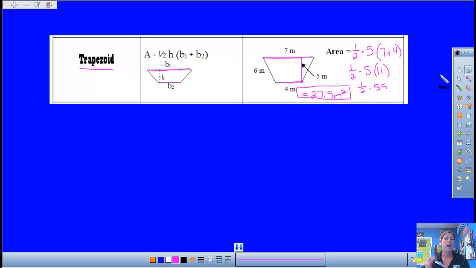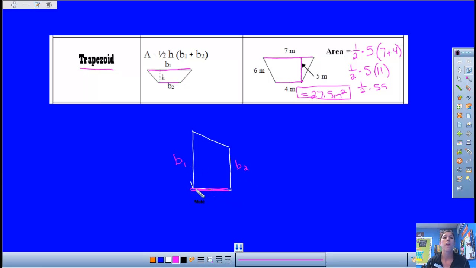One thing I want to point out on a trapezoid is that it will not always look like this. A lot of trapezoids may look like this. Now in this case, this is not the base down here. This is not the base. Here would be base 1. Here would be base 2.